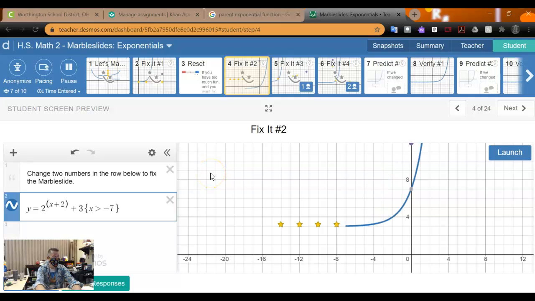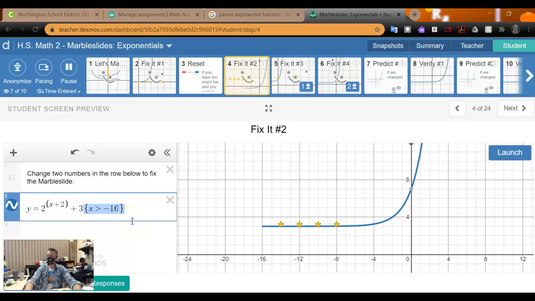How do I make the tail longer? Oh, wait, what is this? But what, okay, I get it. It's an inequality. But so still, hold on. What is this doing?